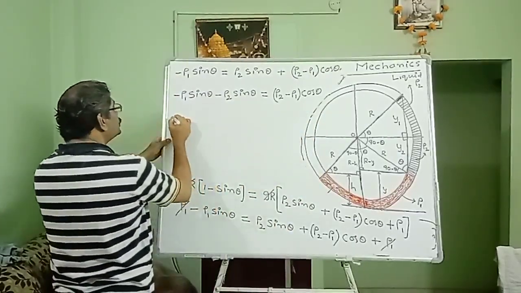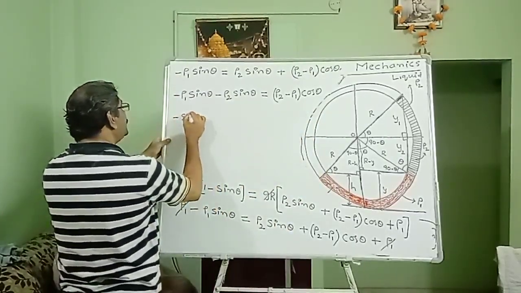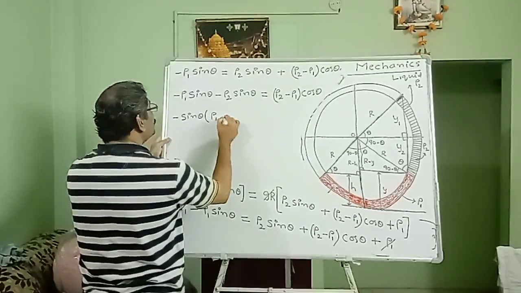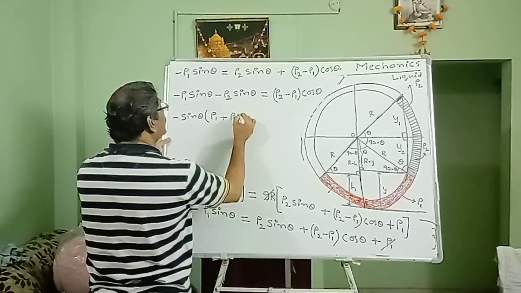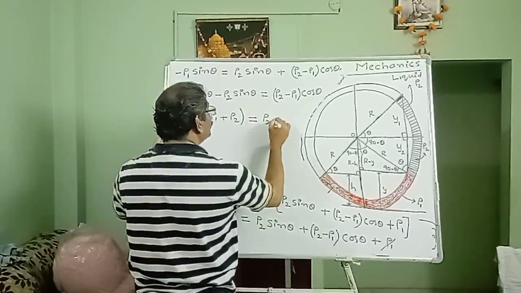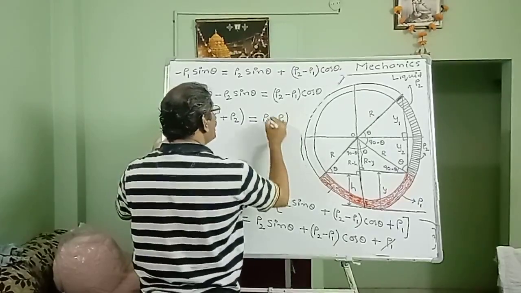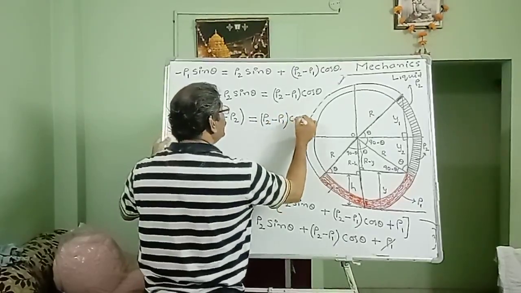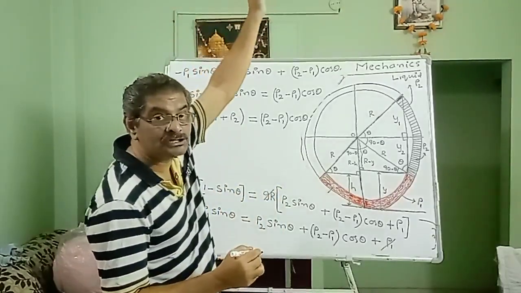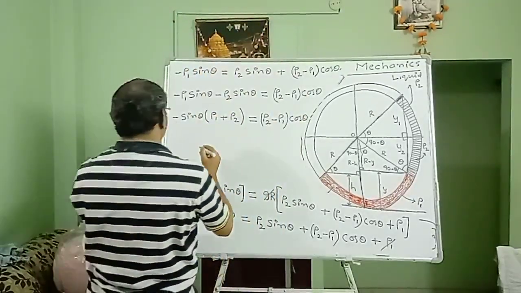If you take minus sin theta common, what you get is rho 1 plus rho 2 equals rho 2 minus rho 1 into cos theta. Now transfer the minus sign to the other side.